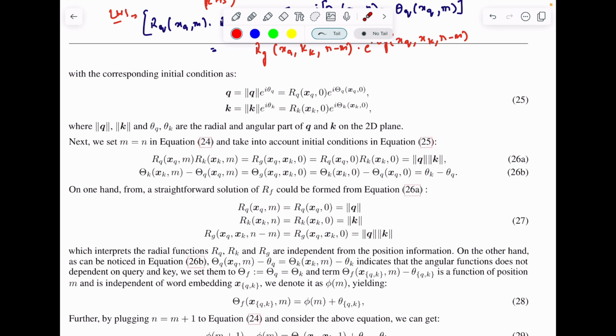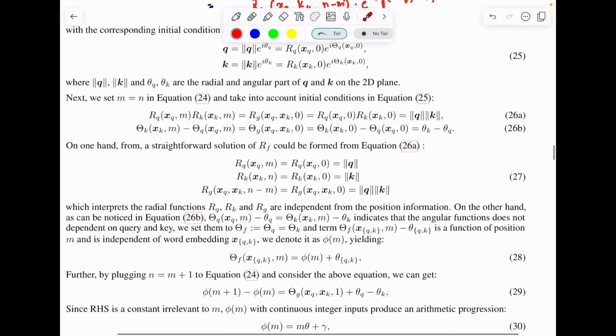This implies that the functions Rq, Rk and Rg, the final values of these, are independent of the positional information, right? There is no theta q or theta k in any of these three equations, right? So that means that the magnitude of the final vector is independent of the position. Okay, we have to remember this for the future sake.